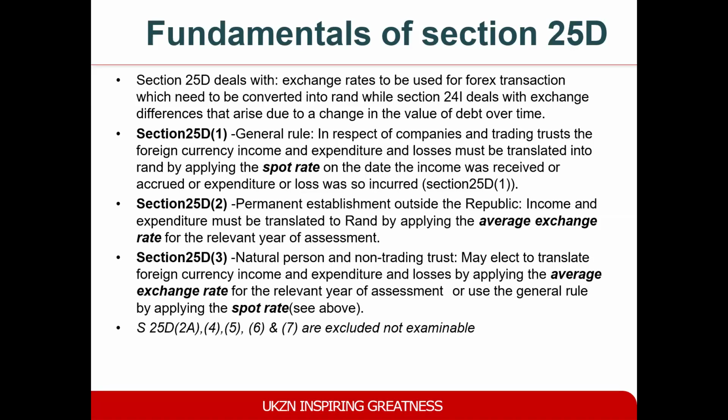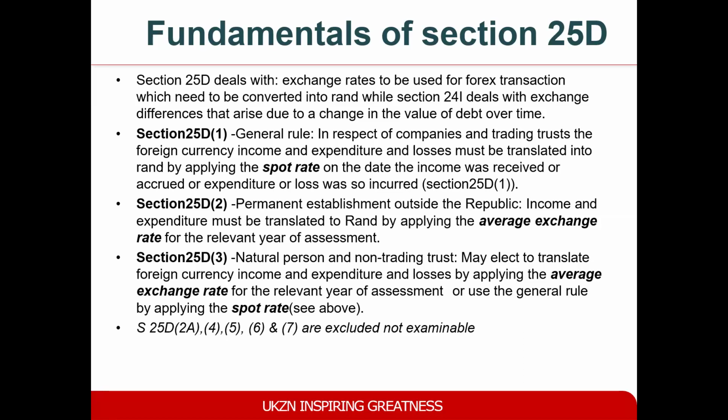The first time it was a spot rate. Spot rate is the rate of exchange on the day of the transaction. On that day, the income is received or accrued. On that day, the expenditure is incurred. On that day, the loss is also incurred. But now, if it's a permanent establishment which is outside the country, the income and expenditure must be translated by doing what? By using an average exchange rate.